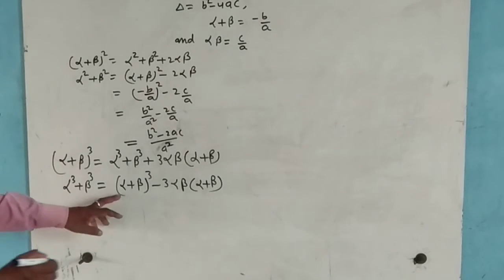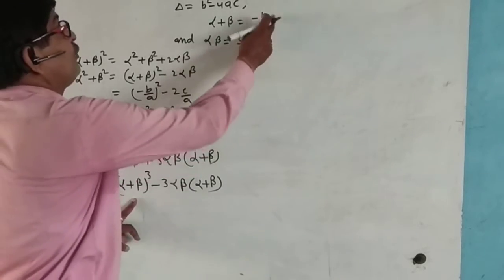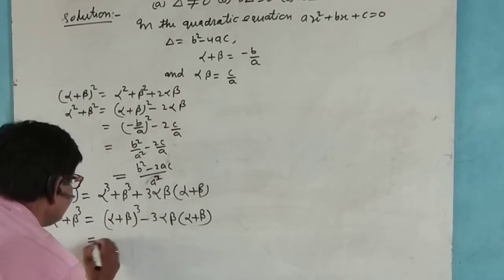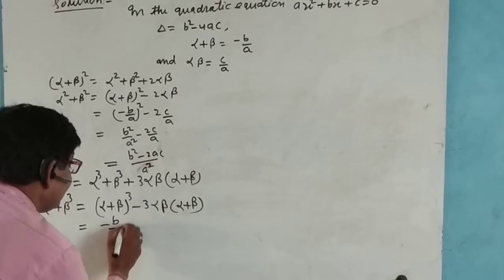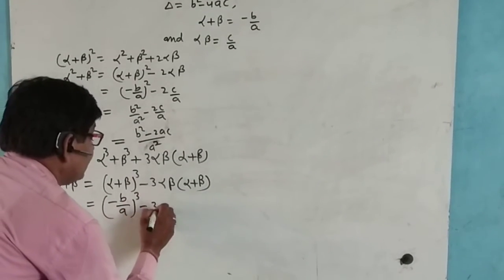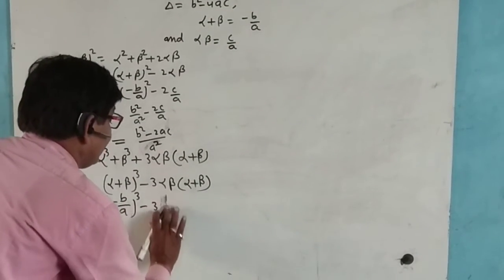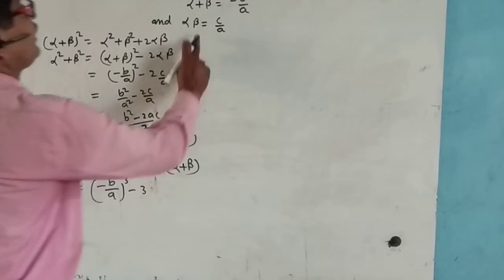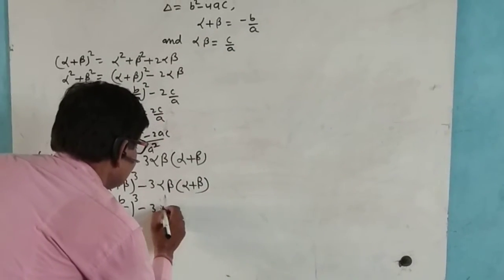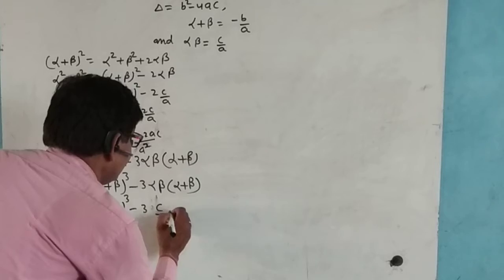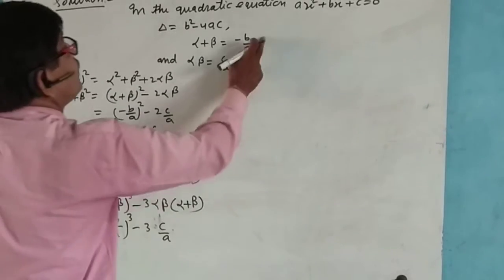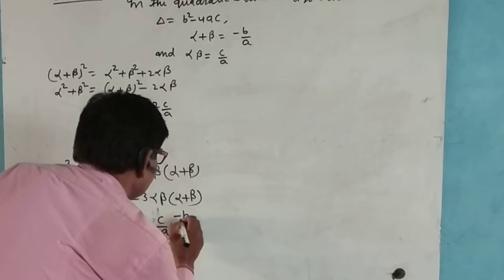Putting the value of alpha plus beta, it is (minus b by a) whole cube minus 3 alpha beta, which is c by a, into (alpha plus beta), that is minus b by a.